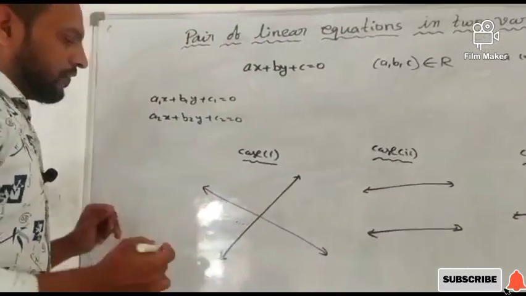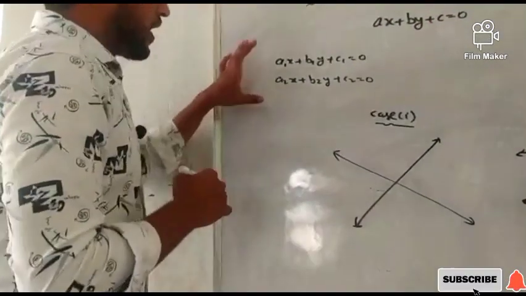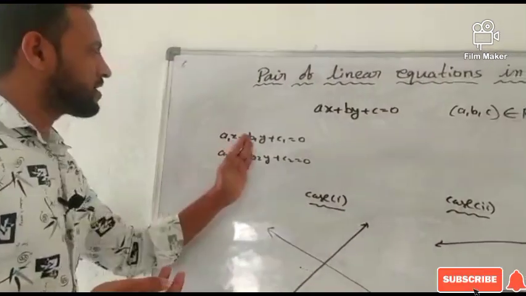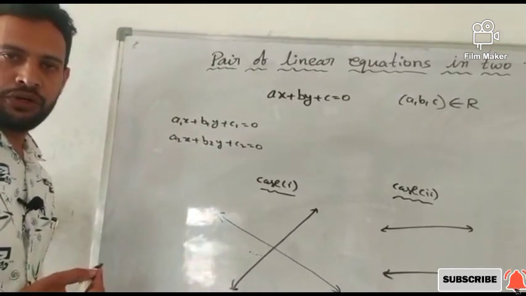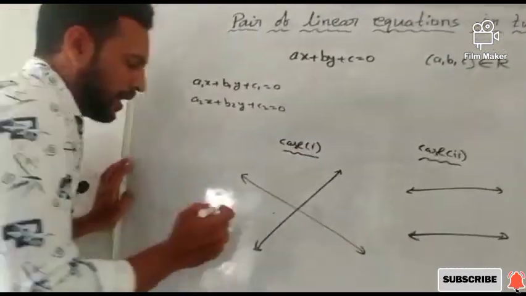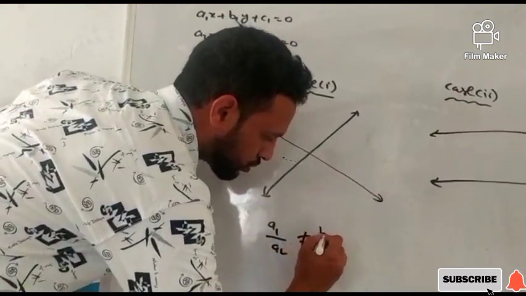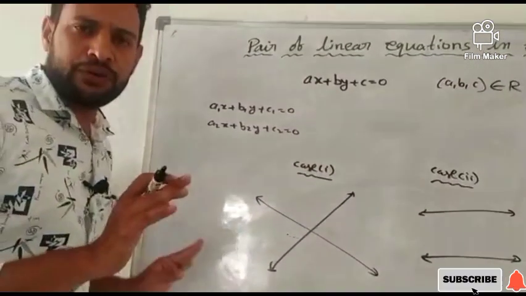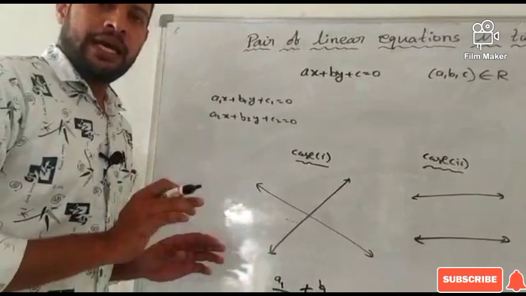When the given two lines are intersecting, we take the pair of linear equations a1x plus b1y plus c1 is equal to 0 and a2x plus b2y plus c2 is equal to 0. If a1 by a2 is not equal to b1 by b2, then we can say that the given two lines are intersecting.